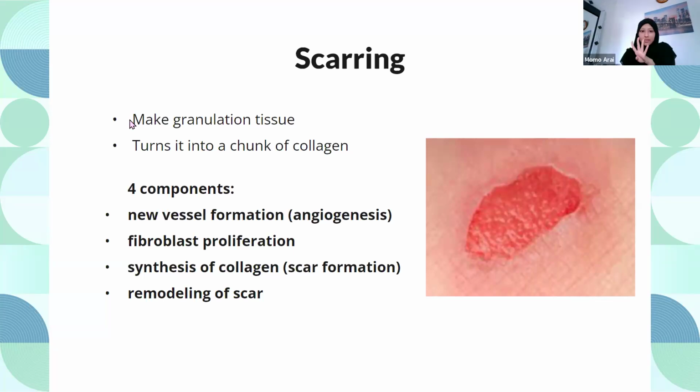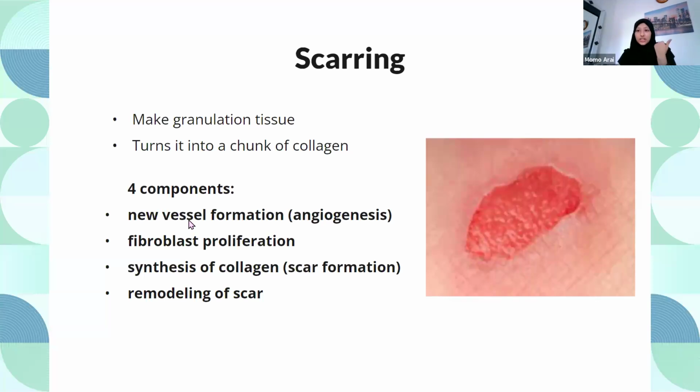There are 4 things that happen. To make new tissue, you need what? You need nutrients, you need supply, right? You need blood supply. So that's the first thing: new vessel formation, angiogenesis, is needed to make the new granulation tissue or scar tissue.